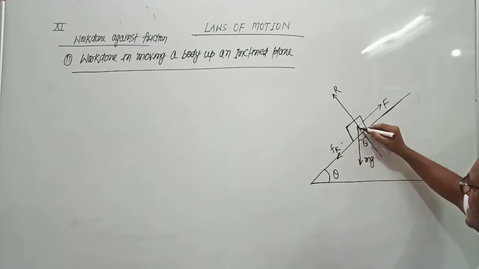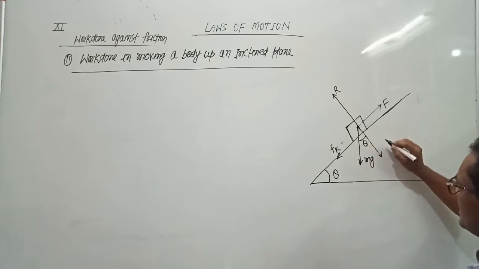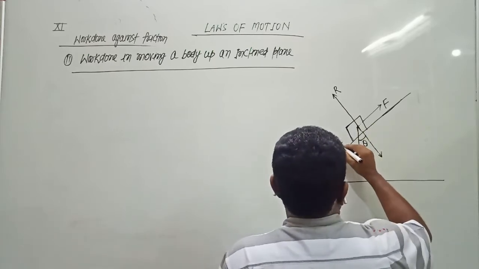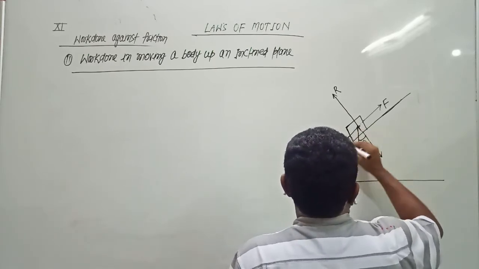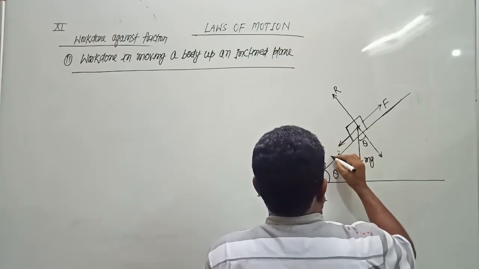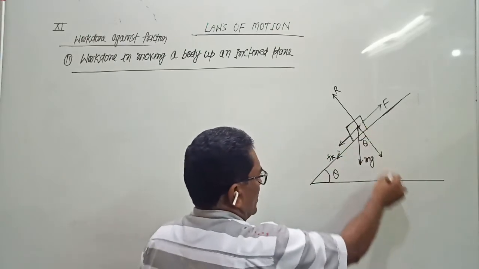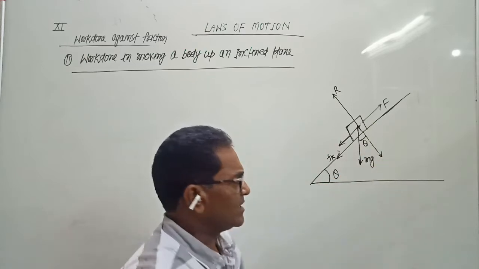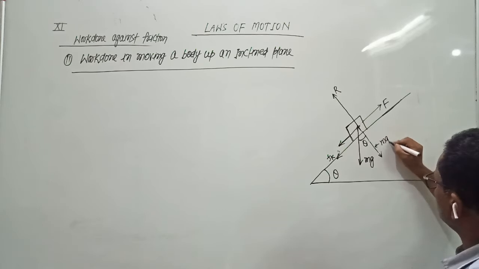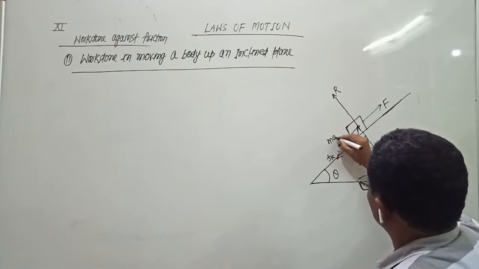Now mg is inclined at an angle theta, therefore it must have two components, one horizontal and the other vertical. So the component making an angle theta will be mg cos theta, and this is mg sin theta.